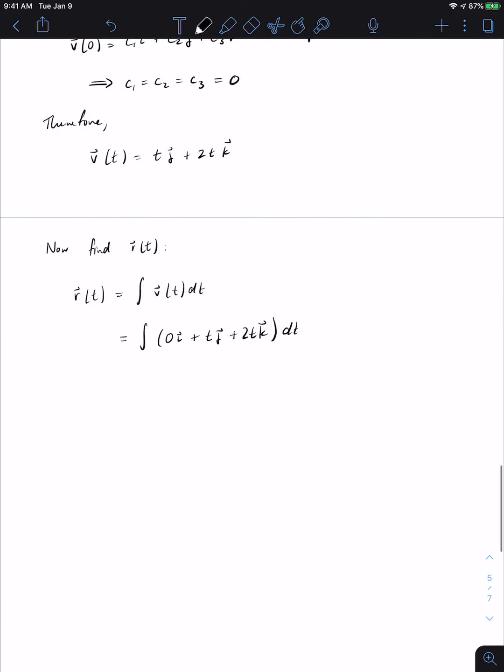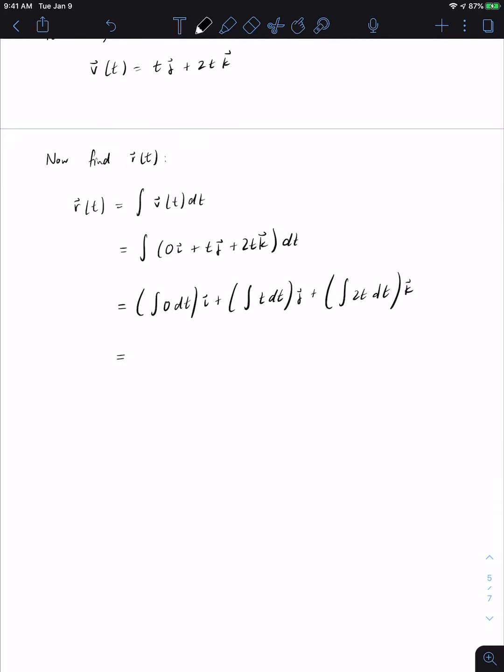And then once again, I'm going to separate this out. So I get the integral of 0 dt i plus the integral of t dt j plus the integral of 2t dt k. And now I integrate each piece.